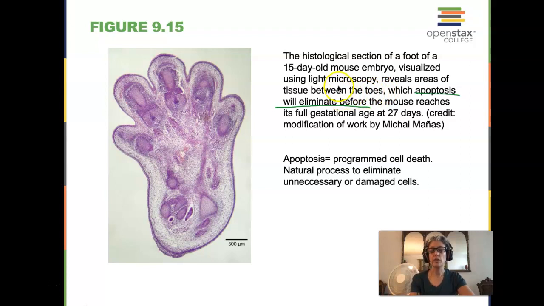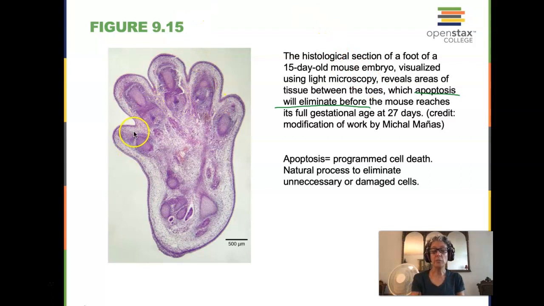At a certain stage, we get a signal that binds to a receptor that triggers apoptosis. We don't need the webbing between our fingers. We need that to go away, and those cells are eliminated, and that frees our digits, whether it's on our hands or on our feet.